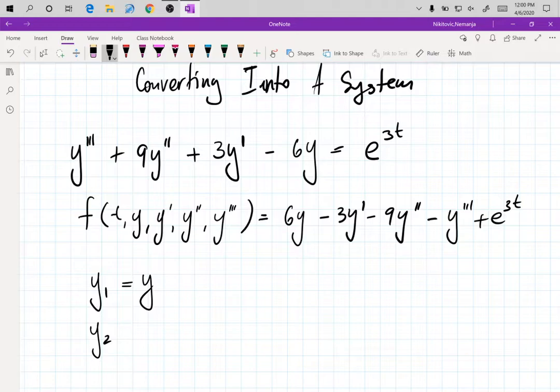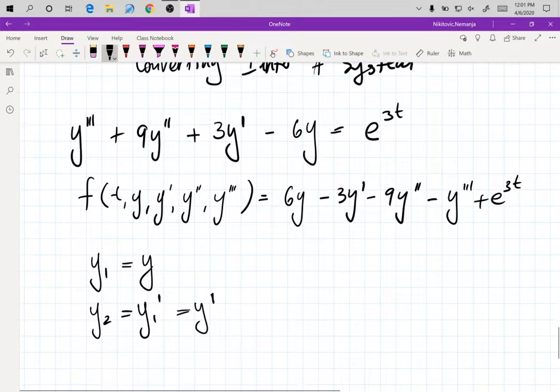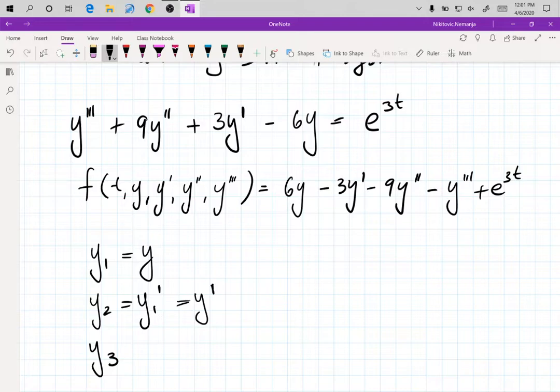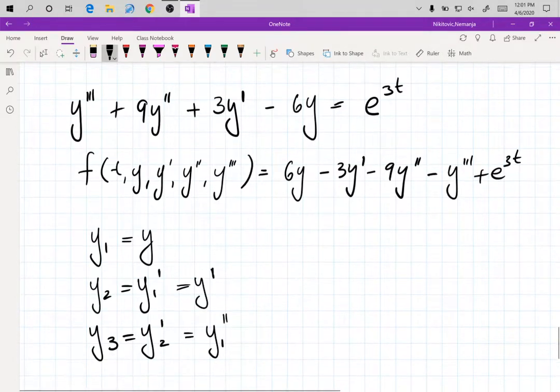Now y2 is going to be y1 prime, which is y prime, because of the top one. And then y3 is going to be y2 prime, which actually is y1 double prime.